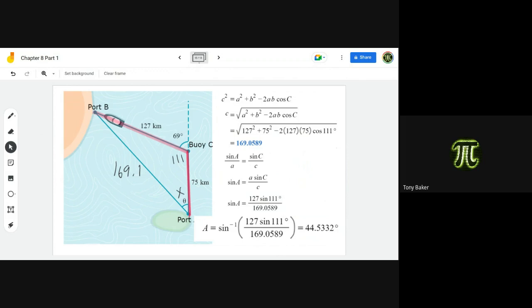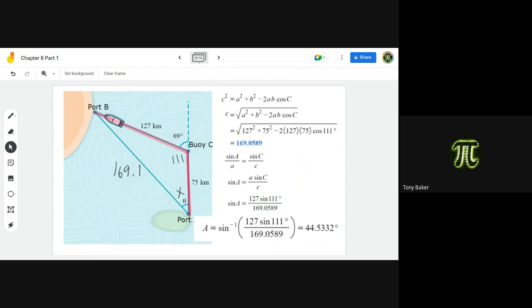Don't ever go by the picture. A triangle can only ever have one obtuse angle. So 111 works there. There's no way I could have another obtuse angle for A. So the only one that would work in this case would be the 44.5.